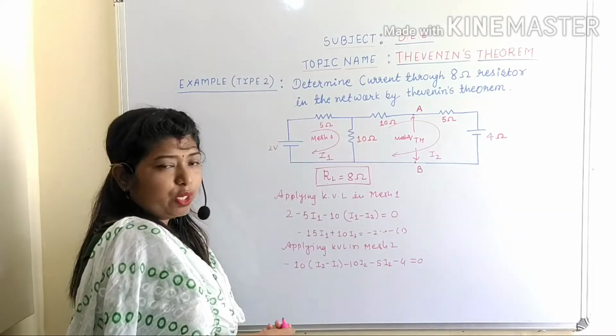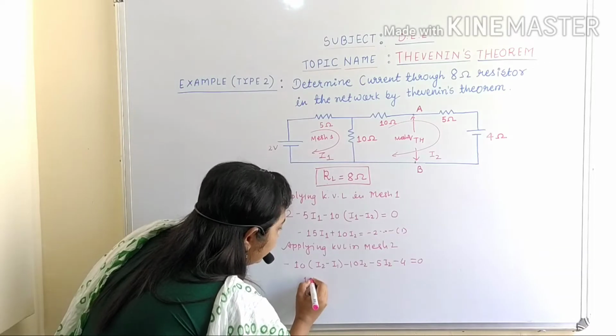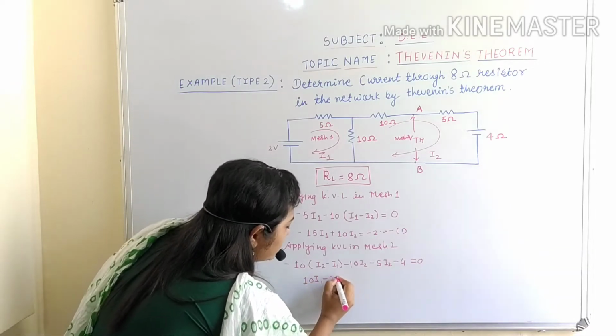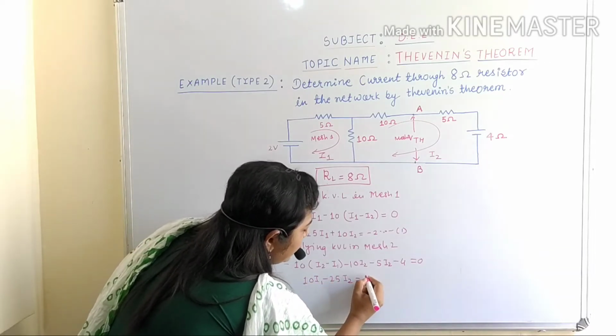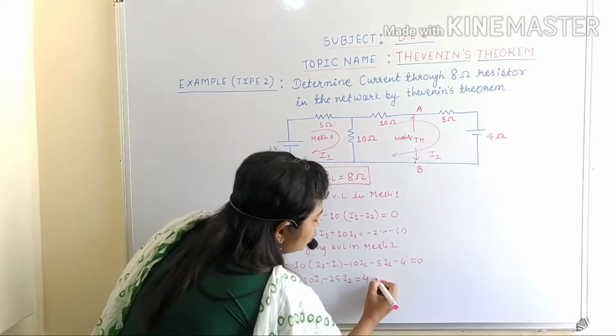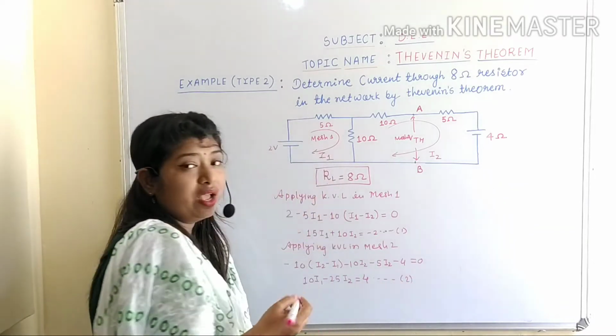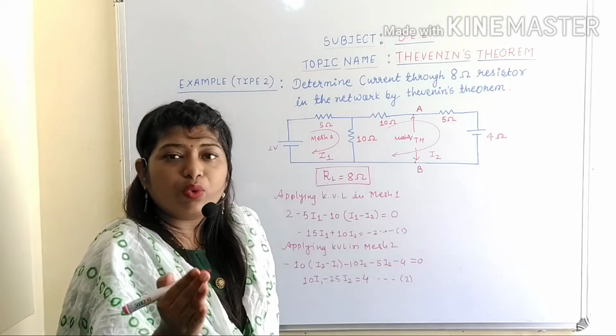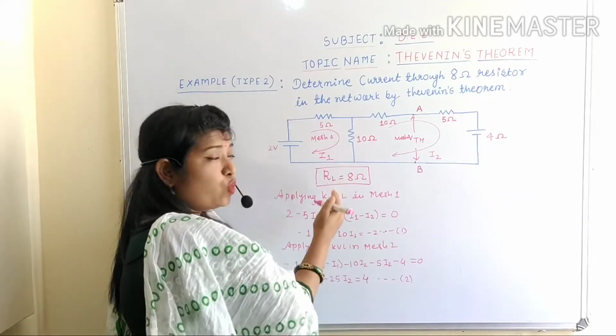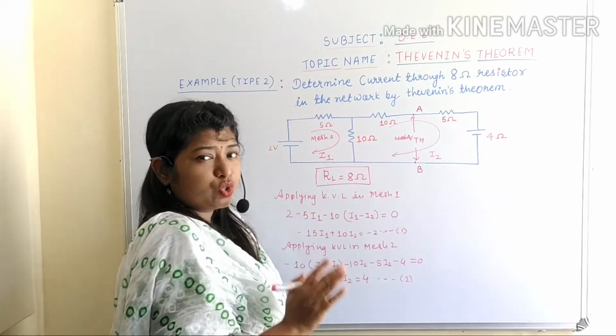Please solve this equation. You will be getting 10 I1 minus 25 I2 is equal to 4. This would be your equation number 2. I hope you have understood how to apply KVL in mesh 1 as well as in mesh 2.